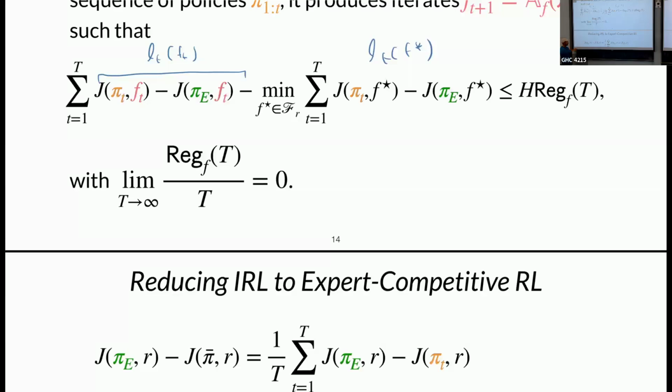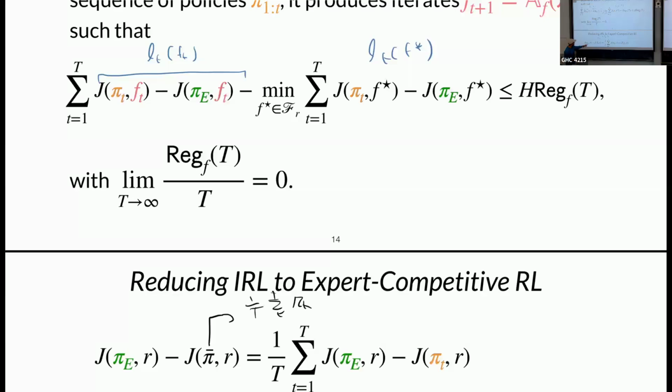Okay. Similar to the tower theorem, right? Since J is an expectation over pi, I can use the tower property and get the same result. Yeah, I would basically say that this is just linearity of expectation, right? This distribution right here is roughly speaking 1 over T, the sum from little t to big T of pi t.